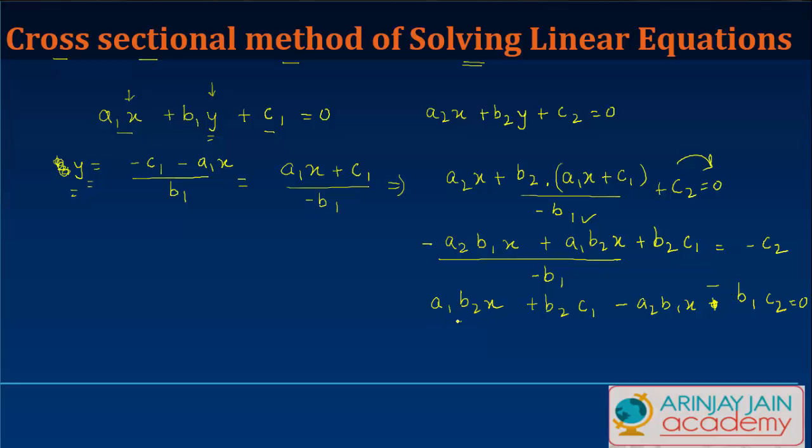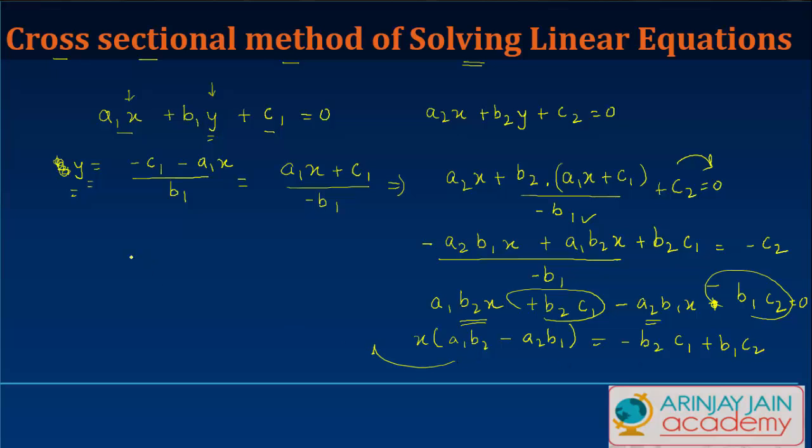If you solve the terms with x, which are these two, you take x as common, and you get a1 b2 minus a2 b1. If you move the other two to the other side, you get b2 c1 with a minus sign plus b1 c2. Or you can just write this as x is equal to b1 c2 minus b2 c1 divided by a1 b2 minus a2 b1.